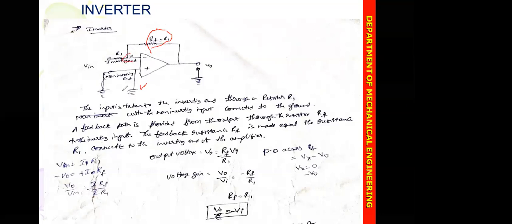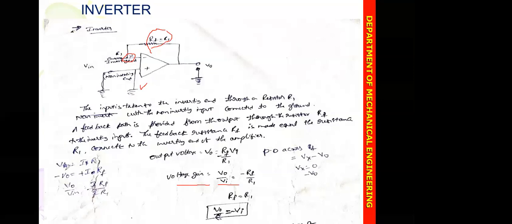Now, voltage gain is, as per the formula I told you, output by input, here V0 by Vi, which we have to find out. The current passing through the resistor R1 and the resistor RF is the same.